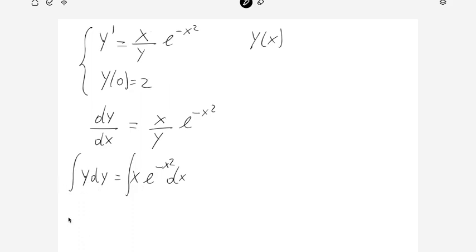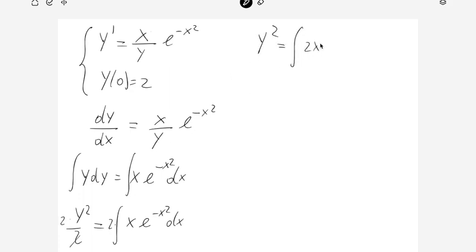Well, this is very easy. It is y squared over 2 equal to the other integral. In order to solve it, I want to put the 2 here, so I multiply by 2 on both sides. Here I simplify, and here I obtain the integral of 2x times e to minus x squared dx.